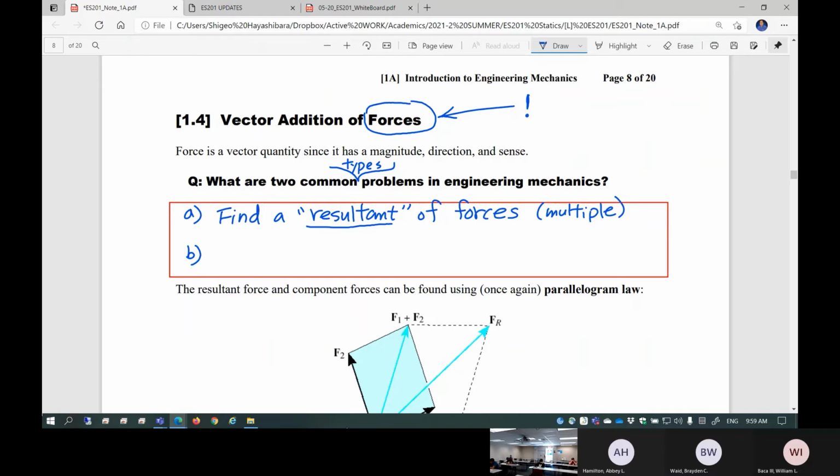The second type of problem is the opposite. Suppose I give you this force and ask you to resolve it into two given directions, or three directions. Can we do such a thing? Resolve a given force into something called components.